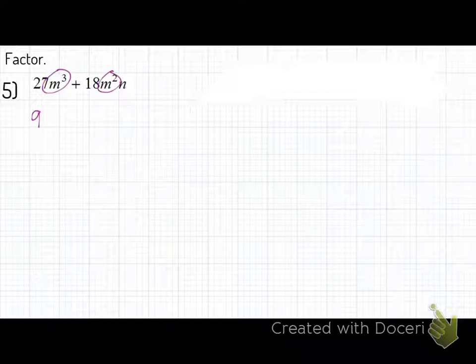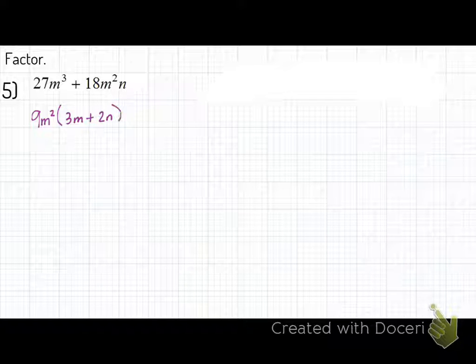What's the smallest exponent? M squared, right? So I'm going to write m squared. Now, is there an n in both terms? No, so we can't do that. Okay, so what's my first term when I factor it? 3m. Okay, 3m, and then second term? 2m. Plus 2n, and that's it.